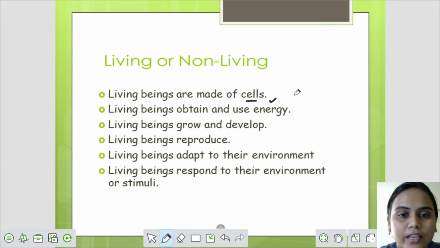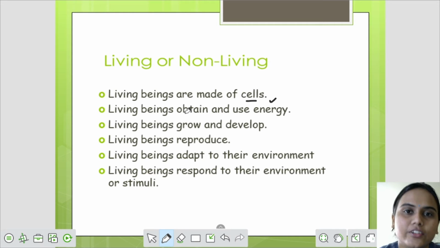Isn't it interesting? Yes. So now see, the second point is living beings obtain and use energy. We all know that any living organism needs to survive, so they have to eat and they need energy for that. Do you remember Jadoo? Yes. In that movie we can see that Jadoo needs sunlight to survive.